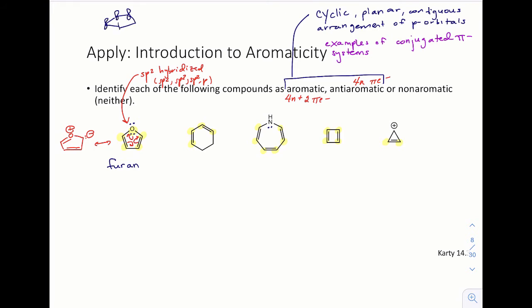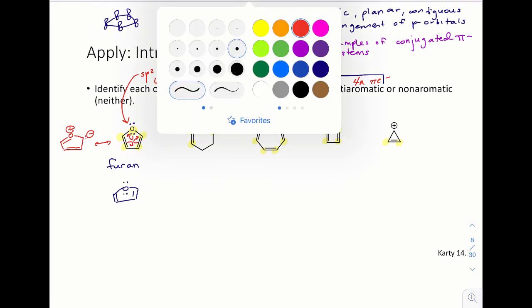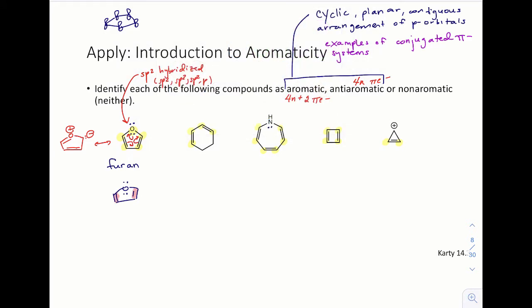If all 5 of those atoms occupy the same plane, furan will have this cyclic, planar, and contiguous arrangement of p orbitals. When we count the electrons in the pi system, we count 2, 4, and the 2 double bonds, 6. So one of the lone pairs of oxygen is involved in the pi system.